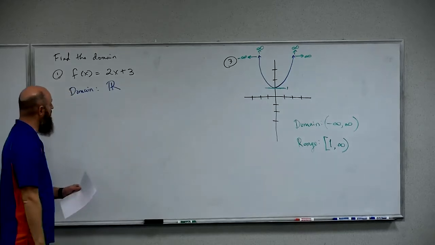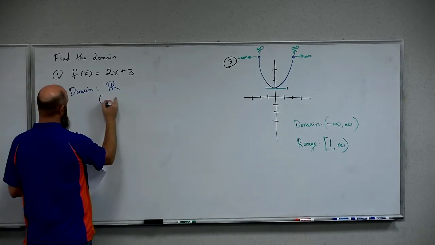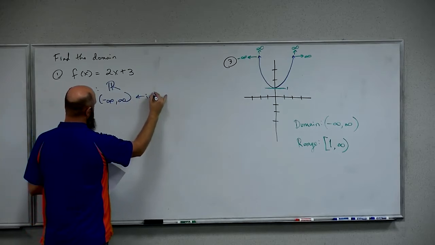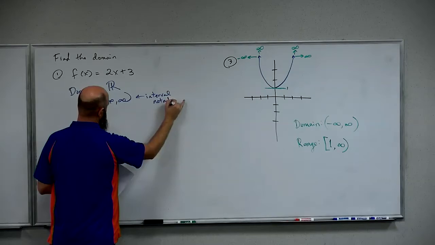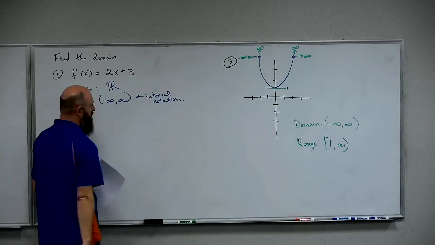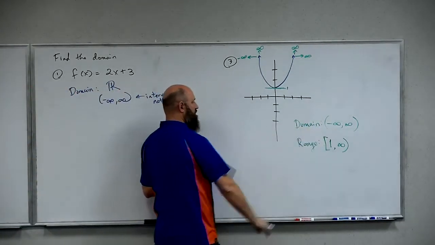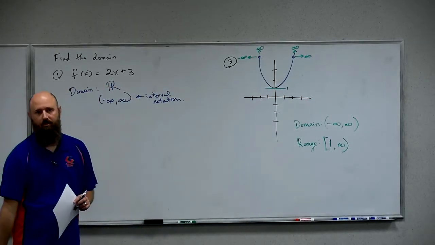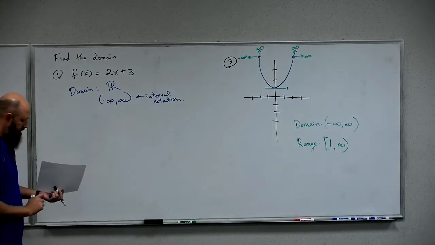Now, if it wants interval notation, you would say negative infinity to positive infinity. This is that interval notation, which we wrote over here. Now, if not, they may have it written out, all real numbers, and that's okay. You can select that if that is the case.